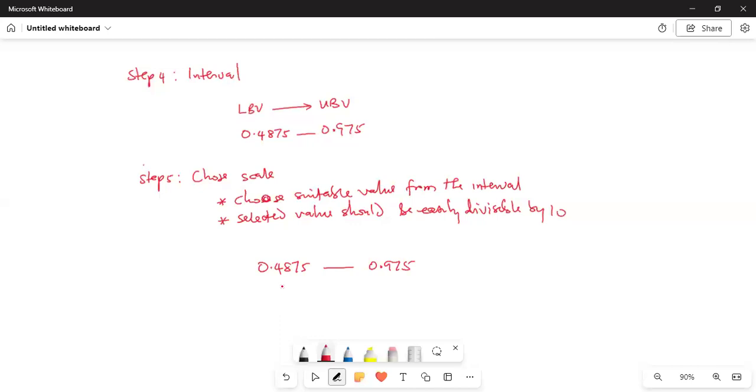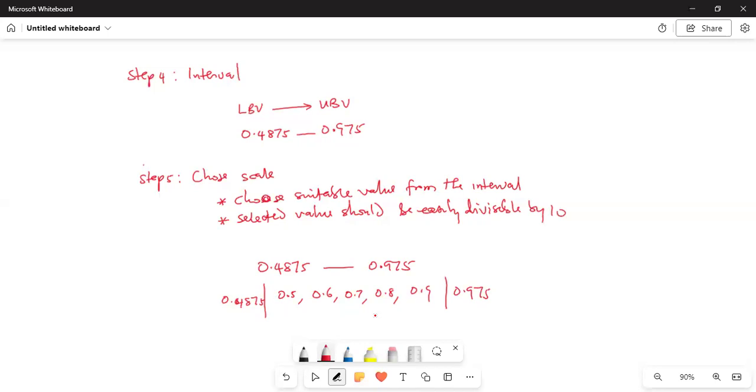So if you want to, from here 0.4, I can have 0.5, 0.6, 0.7, 0.8, 0.9. Okay. So you make sure that the smallest number here should be 0.4875. And this one should be 0.975. So any value within this can be selected.